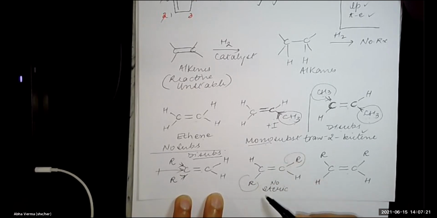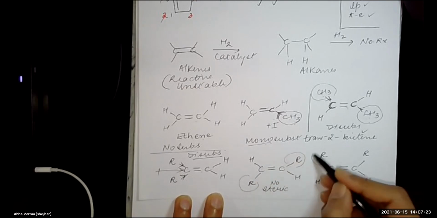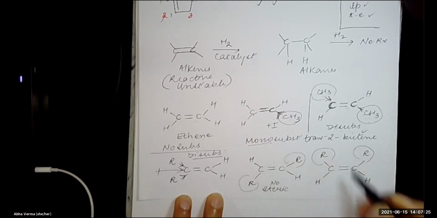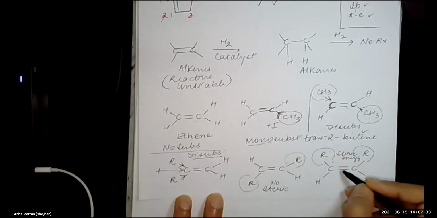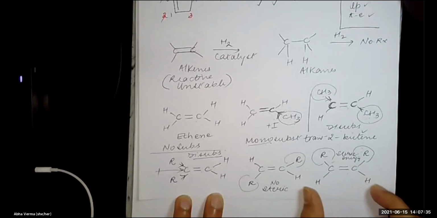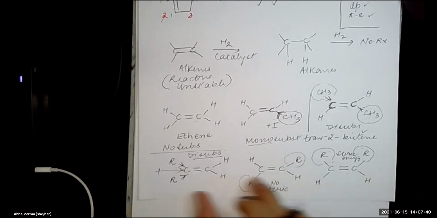They are minding their own business in their own space. Here, they are in the same space, so they are bumping into each other. There is steric energy, which increases the energy of this molecule, making it the most reactive among all three di-substituted alkenes.